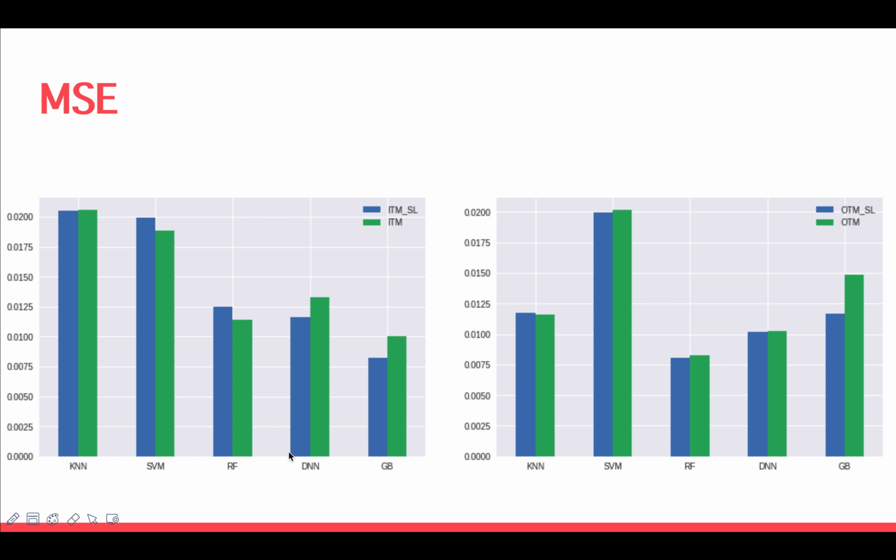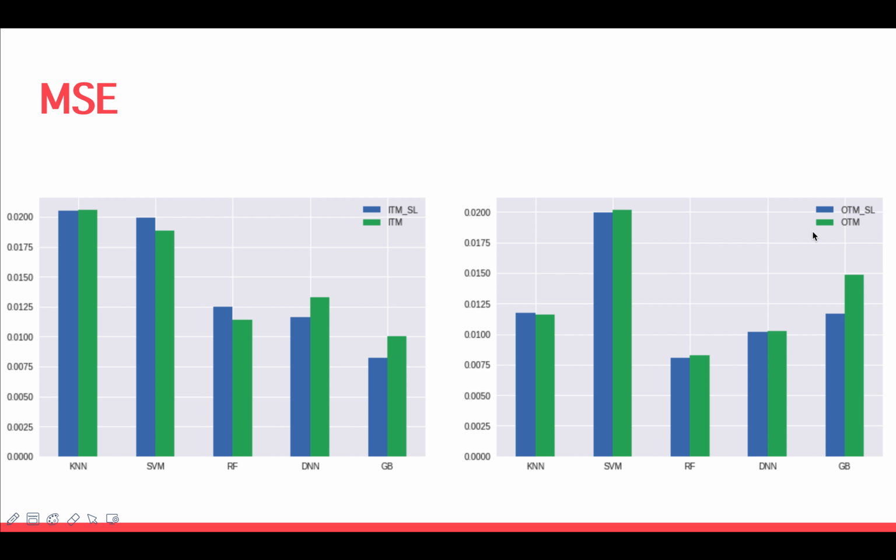But like this one, if the blue one is higher than the green one, that means after your selective learning, after you use the SVM method to do the learning, your MSE is higher than before. So that means not helpful.